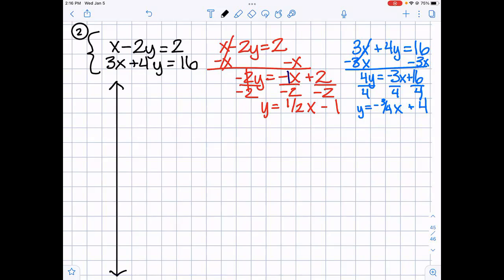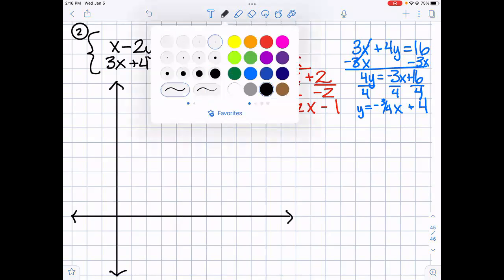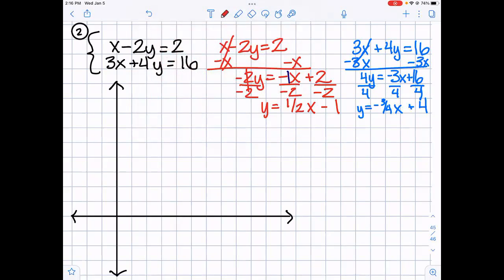It's all right, just follow me. All right, we're going to graph the red line. I wrote it in red, you might not have. We're going to graph the red line first.